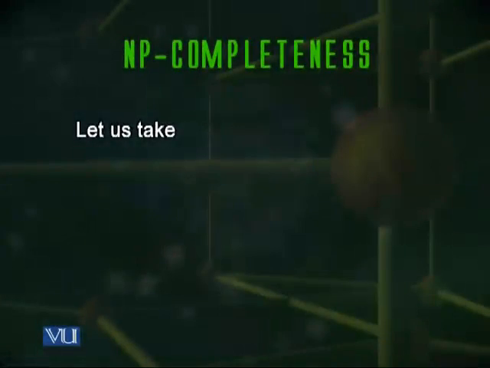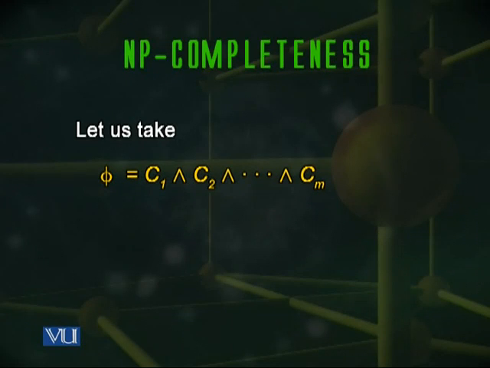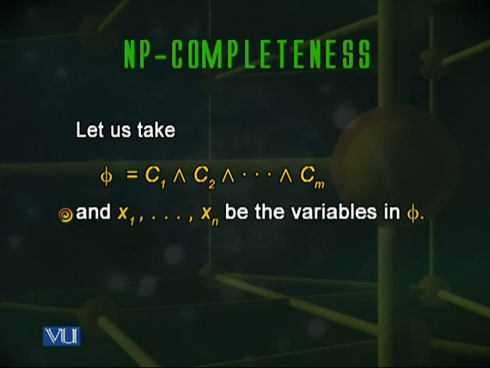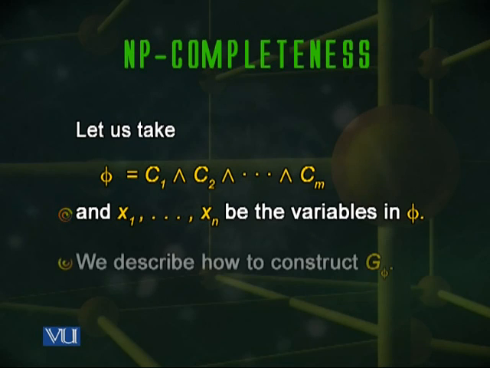So let us take a formula phi, and this formula phi is in CNF. So this formula phi is equal to C1 and C2 and C3 and so on up to Cm, where C1 up to Cm are clauses of this formula, and x1, x2, up to xn are variables in phi. We will now describe how to construct this graph G sub phi.